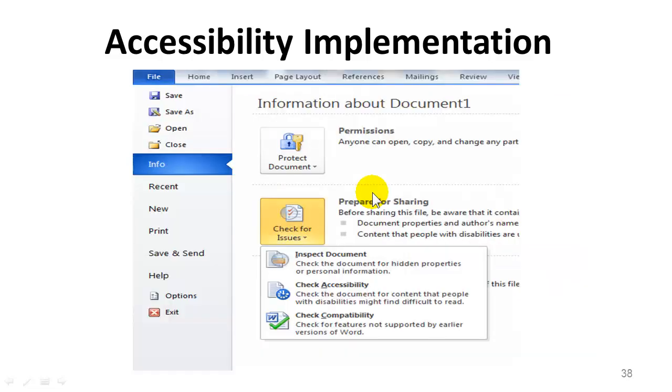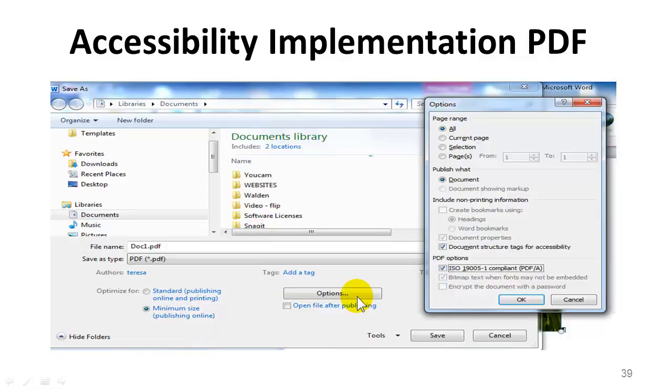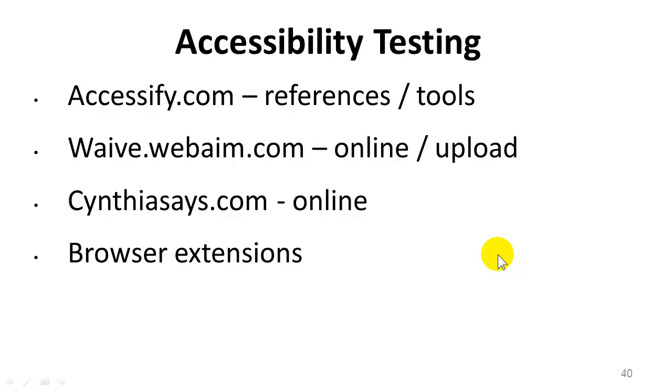Here's another example in Microsoft Word where we can check for accessibility. When you're converting to a PDF, you can structure it for accessibility. There are some accessibility testing tools on the internet, on Blackboard.